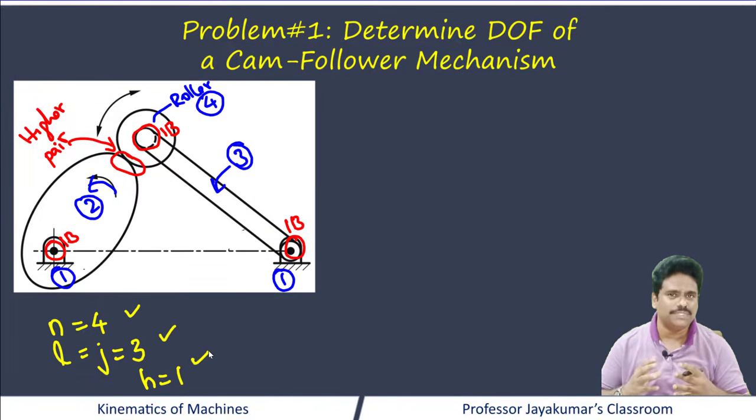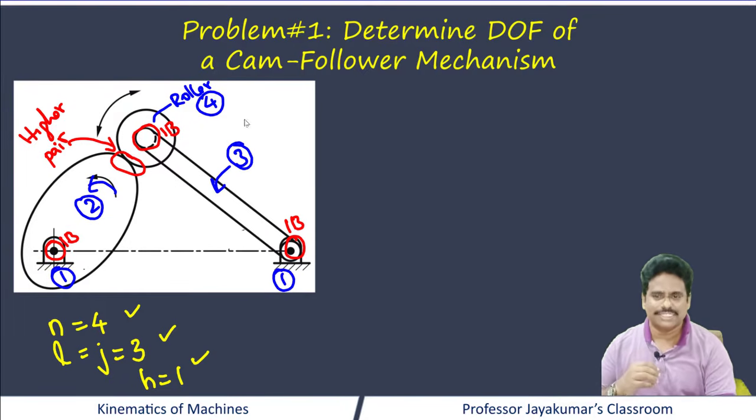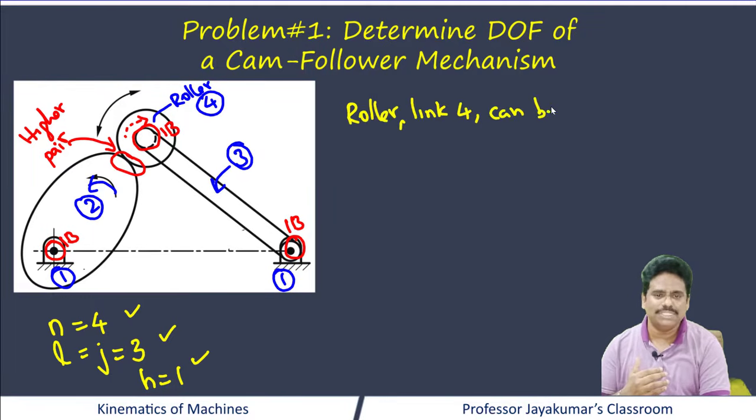So directly we will be tempted to use the Kutzbach criterion, but hold on. Let us closely look into the motion of the roller 4. Here the roller possibly can rotate without having any influence on the other link, say link 3. So the roller can have a motion without causing movement to other links, and hence the roller can be the redundant link.